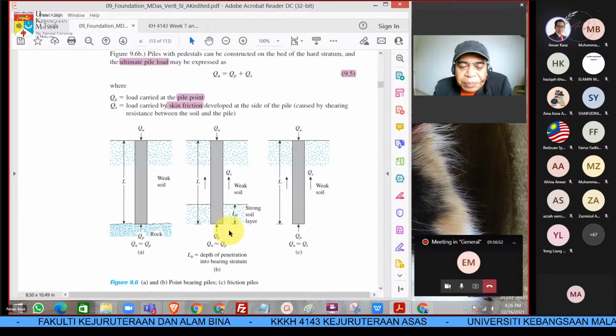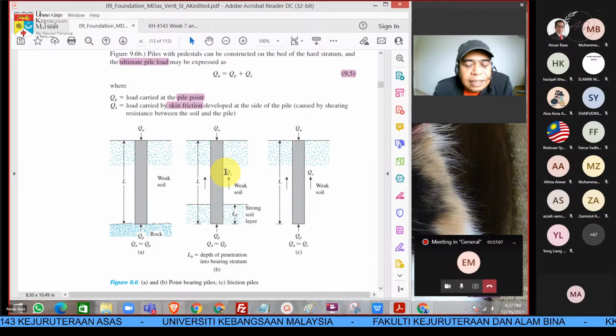And for case B, sometimes when we don't have rock and we have a weak soil, we need to depend on the skin friction of the pile.